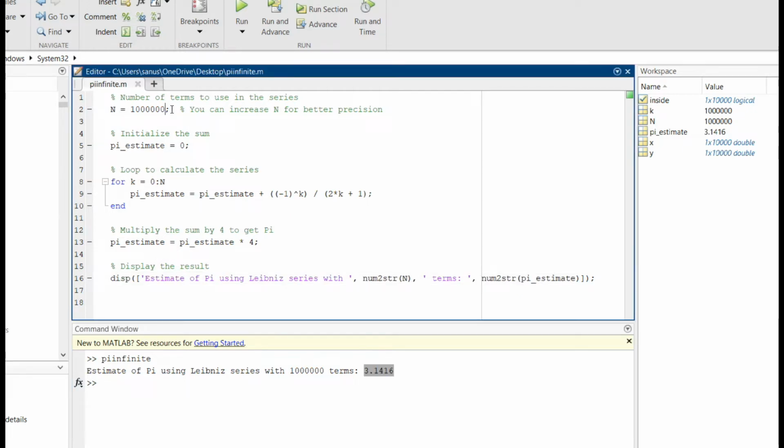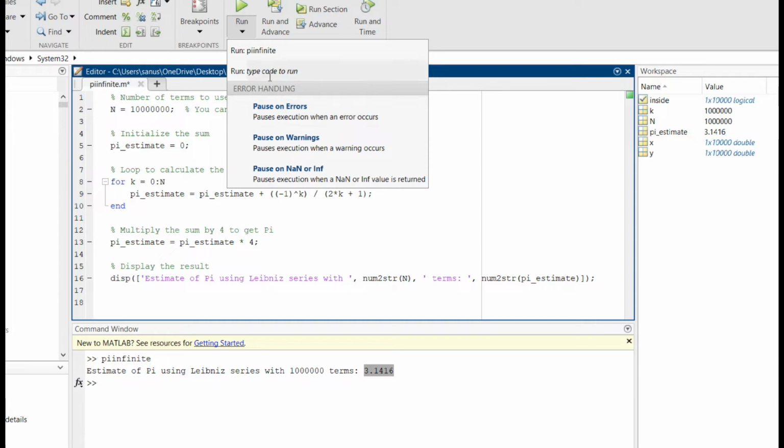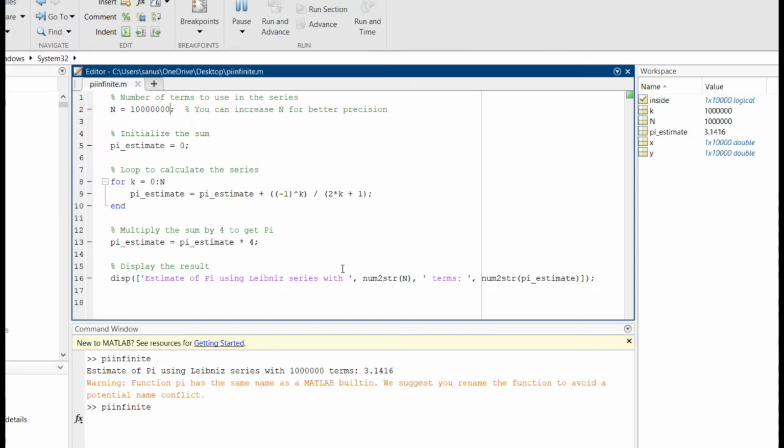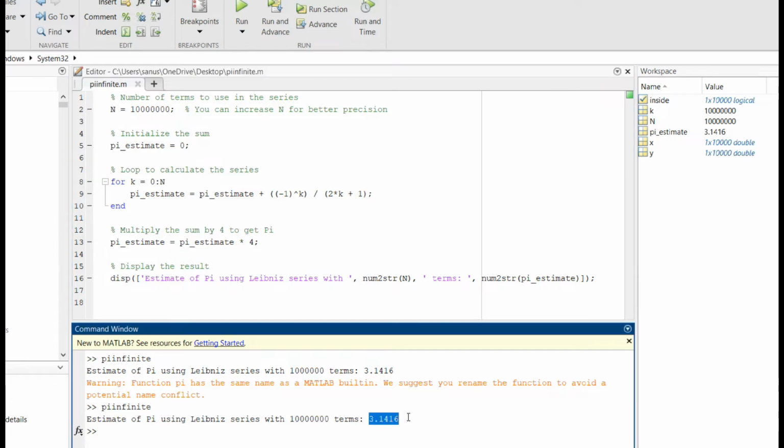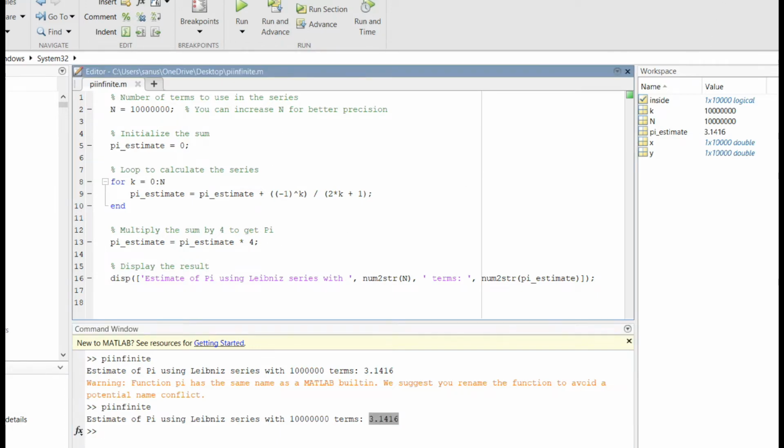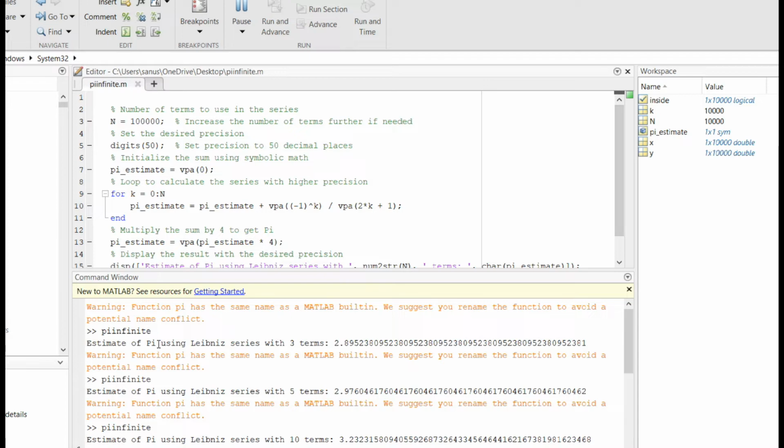How it works. Here's how the process works step by step. First, we decide how many terms of the series we want to include in our calculation. The more terms we use, the better the estimate. Starting from the first term, we add the next term, then subtract the one after that, and so on.